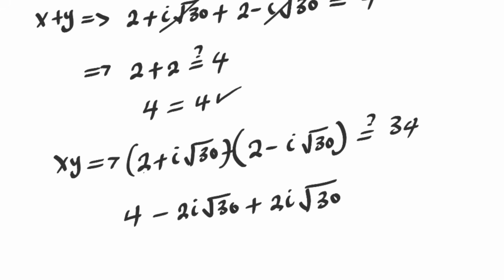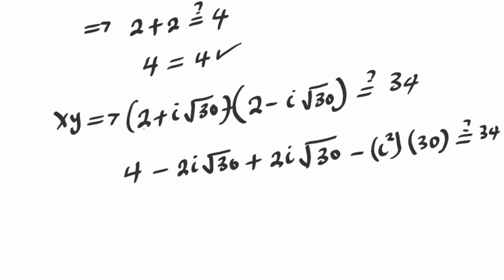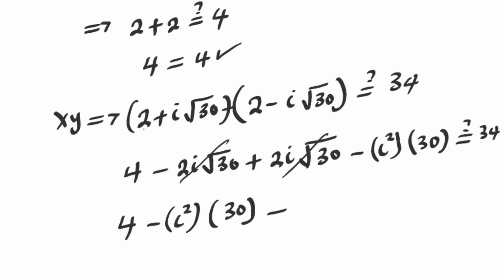Then i root 30 multiplied by minus i root 30, this is minus i squared multiplied by 30 must be equal to 34. This cancel this. 4 minus i squared multiplied by 30 must be equal to 34.